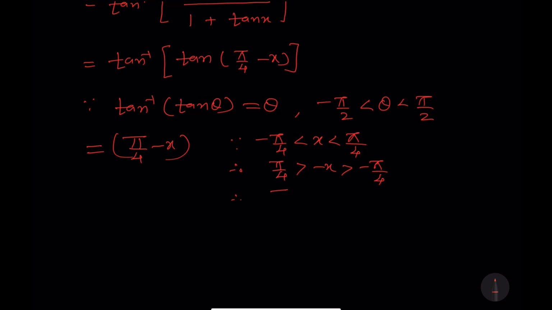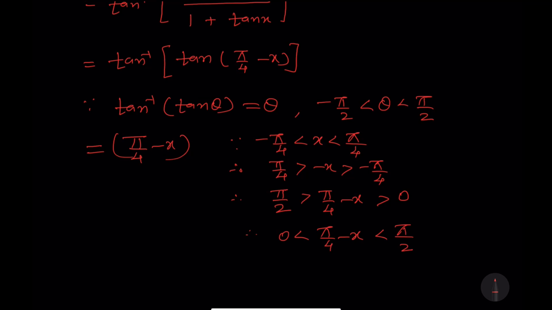So adding pi by 4, pi by 4 plus pi by 4 gives us pi by 2, which will be greater than pi by 4 minus x, which will be greater than pi by 4 minus pi by 4, which is 0. So this theta, pi by 4 minus x, lies between 0 to pi by 2.